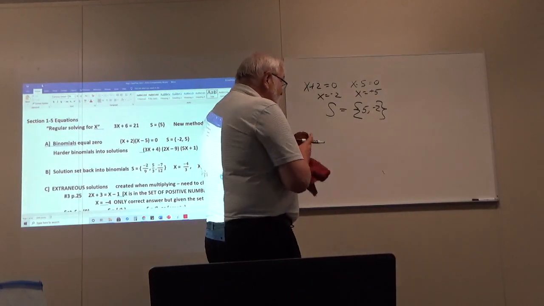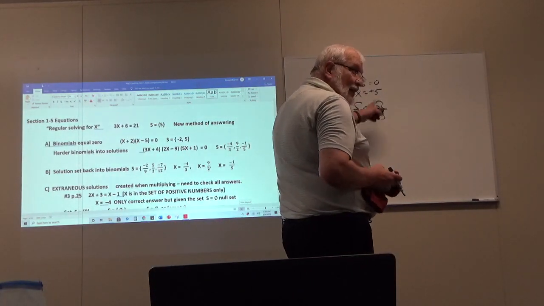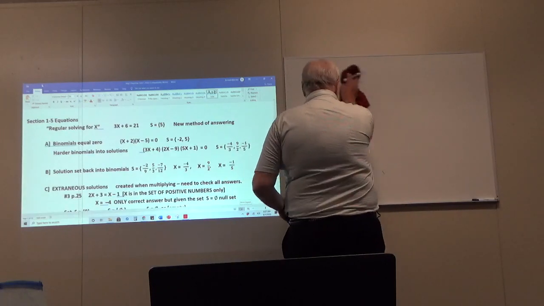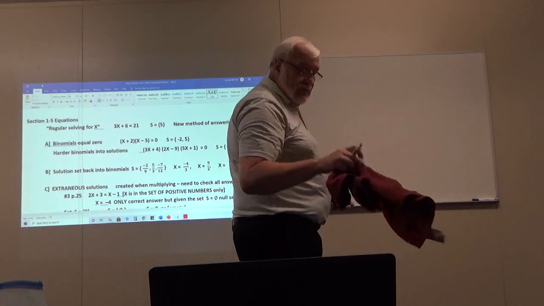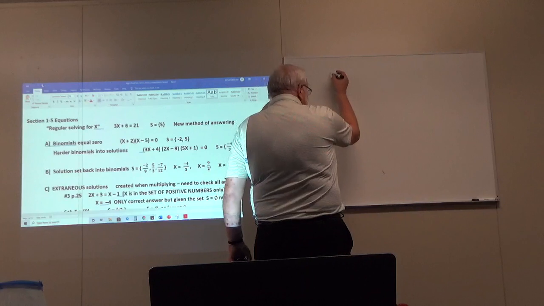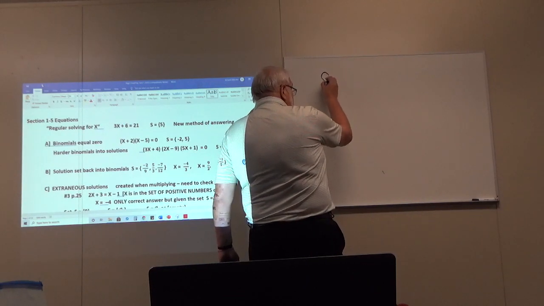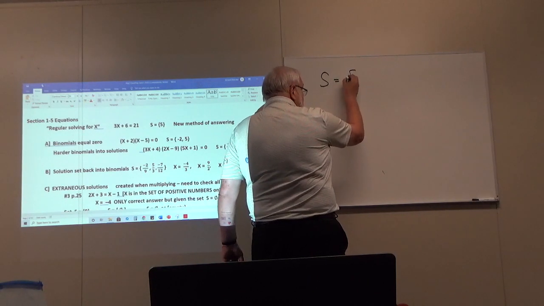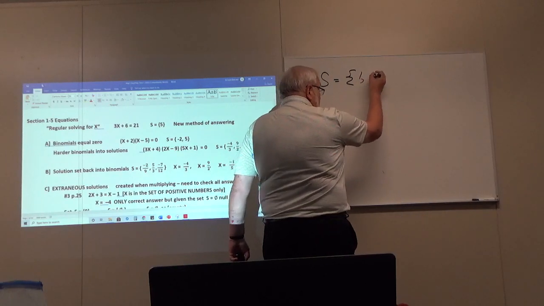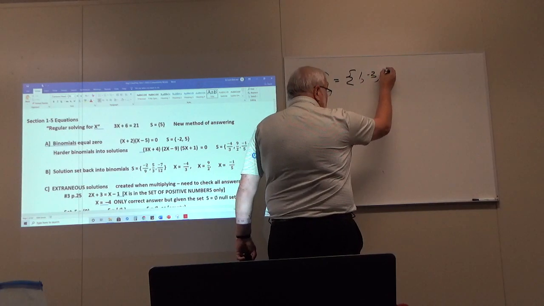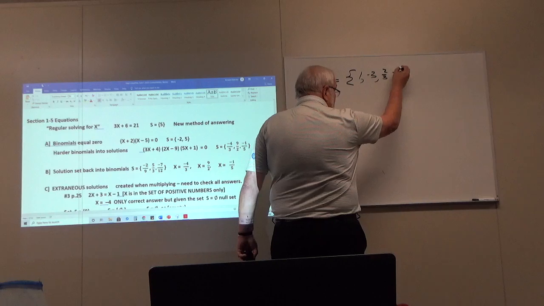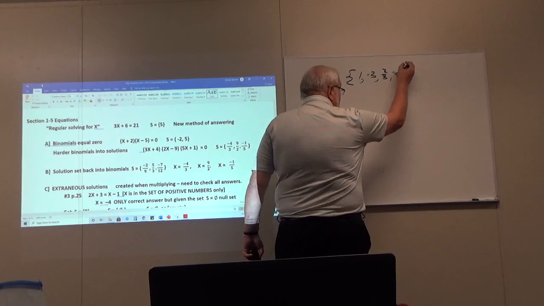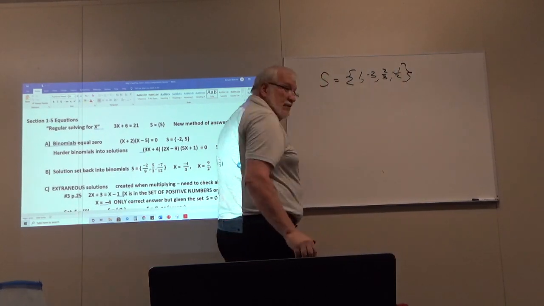Now I want to take this and do it backwards, because that's the Algebra 2 skill. So we're going to say that the solution set is the set of numbers 1, -3, 2/3, -1/2. 4 answers.